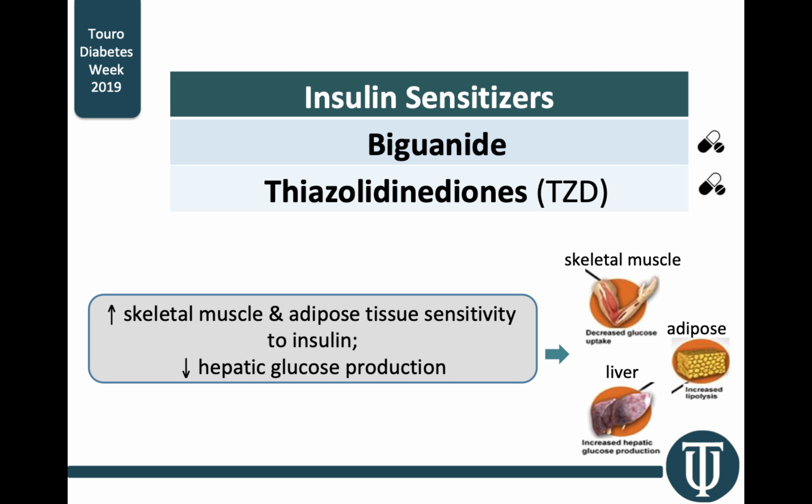And secondarily, it would help to reduce the liver's production of glucose. So collectively, as I mentioned earlier, there are three core defects that these two classes of drugs target: the skeletal muscle, adipose tissue, and the liver.